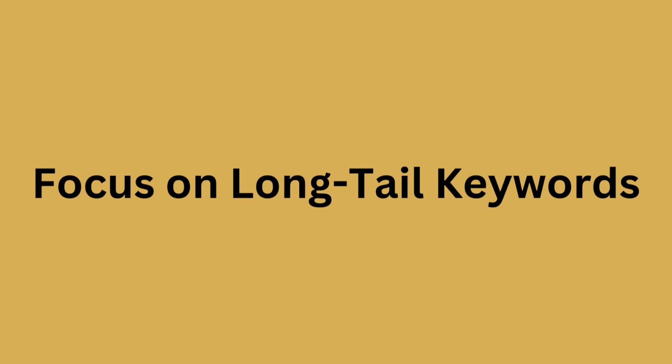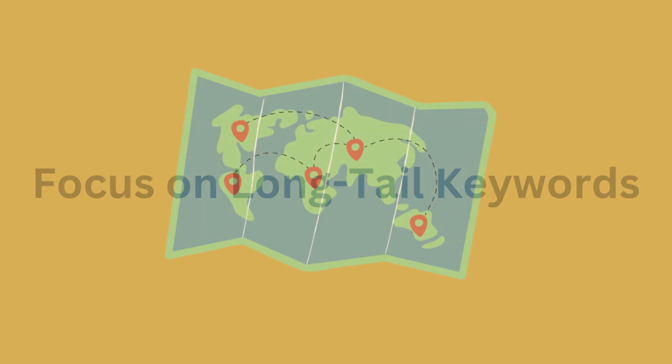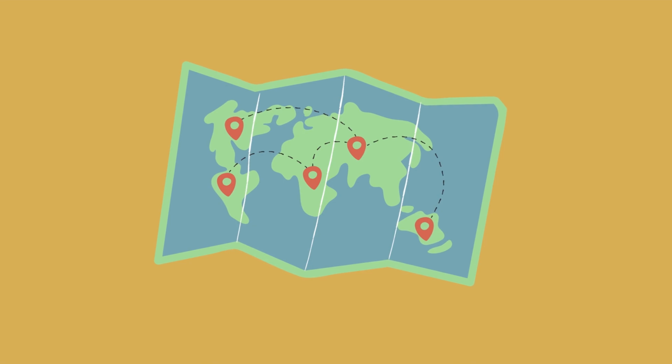And leverage local keywords. If your business operates in Texas, then incorporating local keywords can significantly boost your visibility in local search results. Include the name of your city, region, or neighborhood in your keyword strategy.